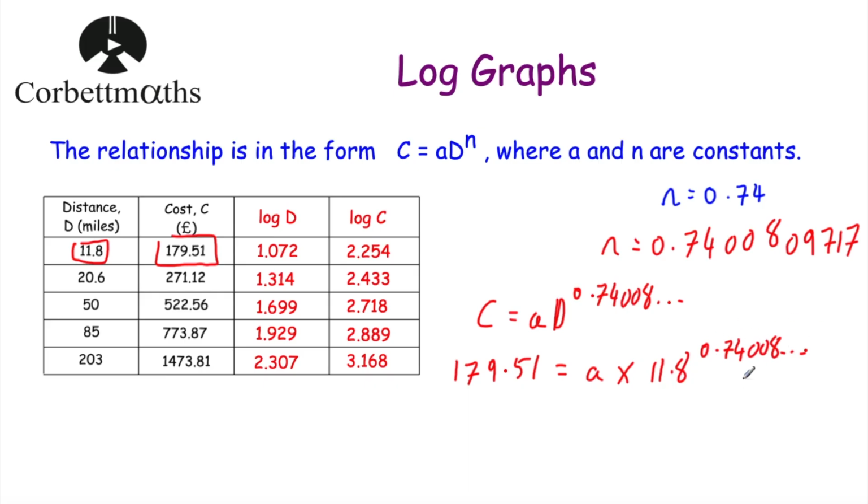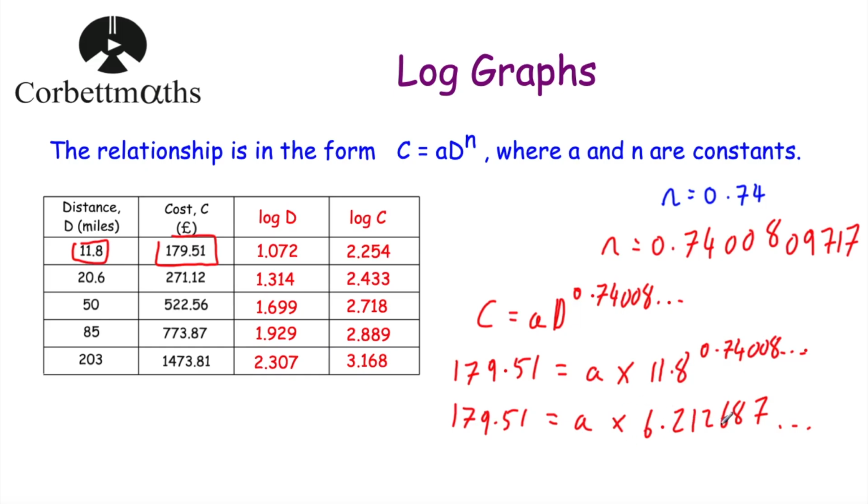Now this is already on my calculator display, so that's quite nice. I can just type in 11.8 to the power of answer, and when I press equals, I get that. So we've still got 179.51 is equal to a multiplied by, and when we work this part out, I've got 6.212687, and so on.